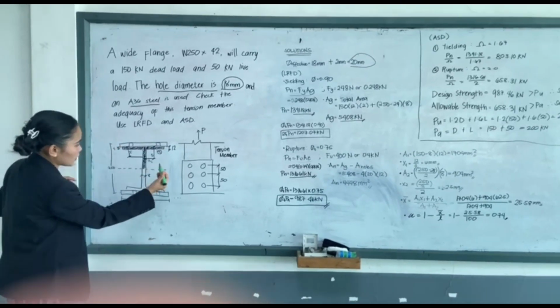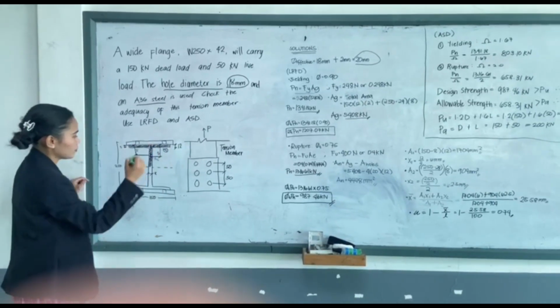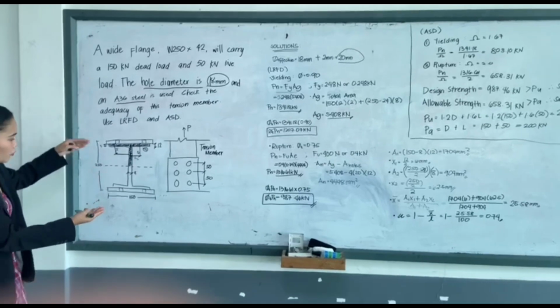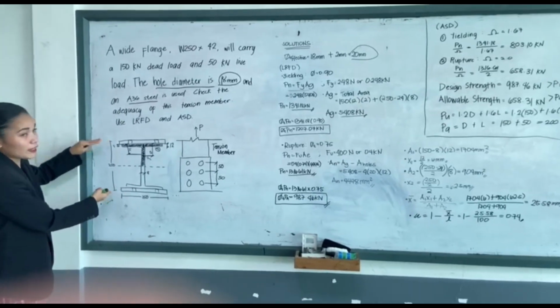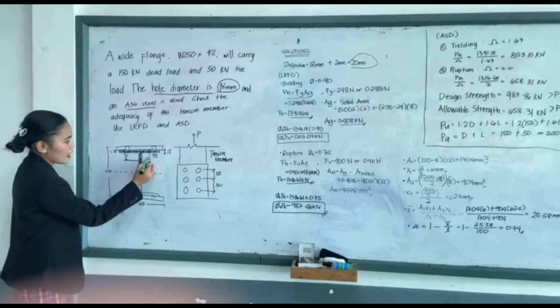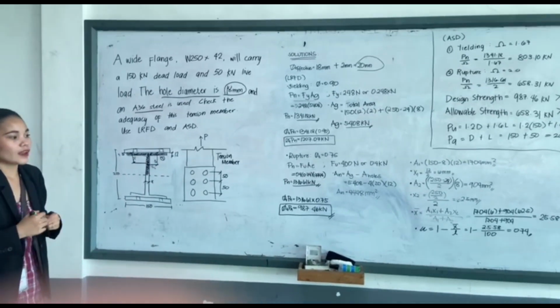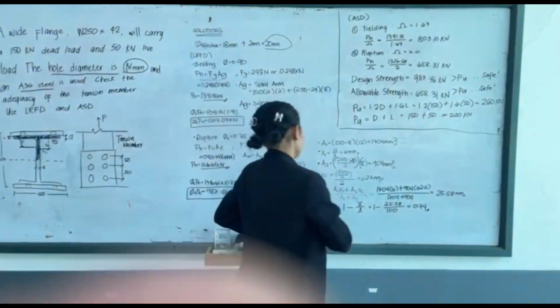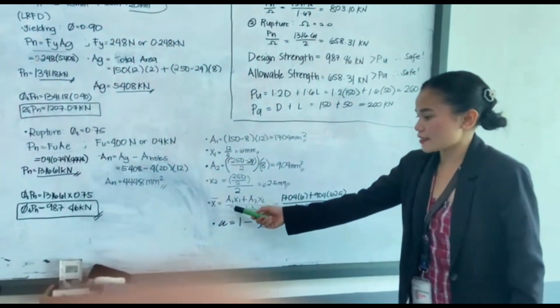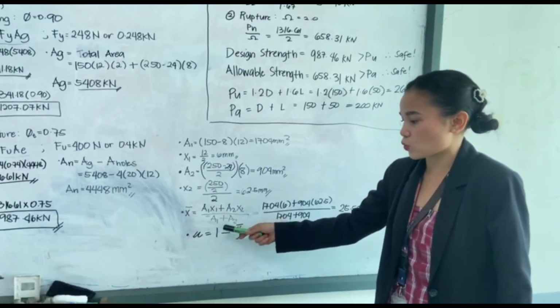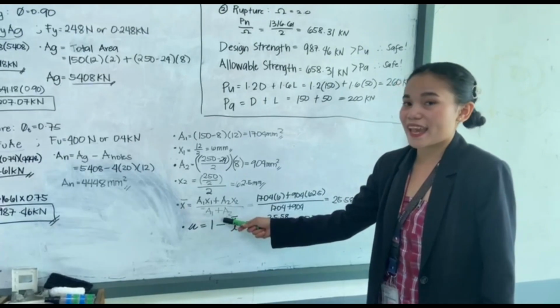The x2 is half of 250, then half of that again. So 250 divided by 2 is 125, divided by 2 is 62.5. That is our x2. Now we can get the x bar. The formula is area 1 times x1 plus area 2 times x2, over area 1 plus area 2.